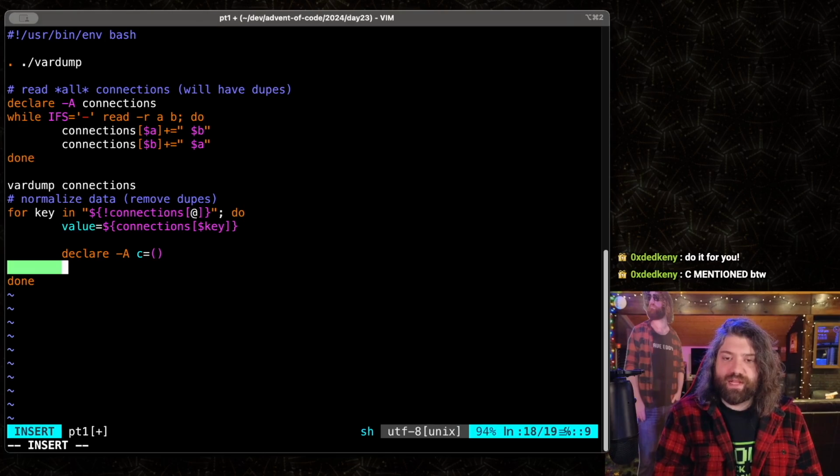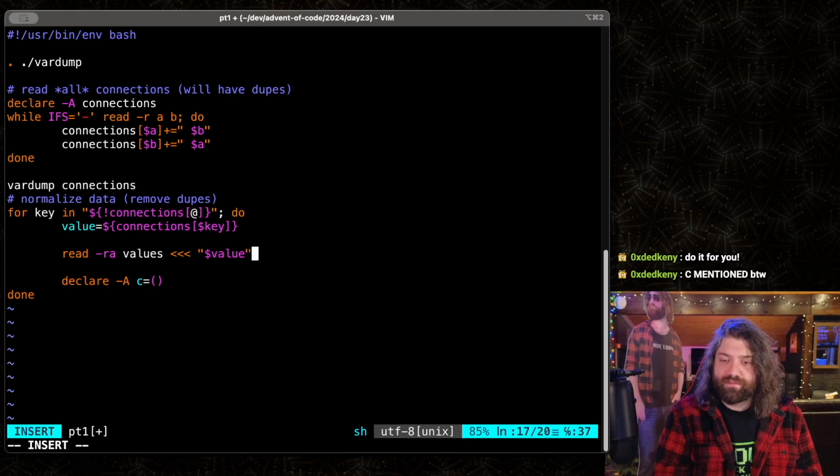We have to loop over each thing in value, and they're separated by spaces, so we can read value into an array. Then we can loop value for value in values. Done.